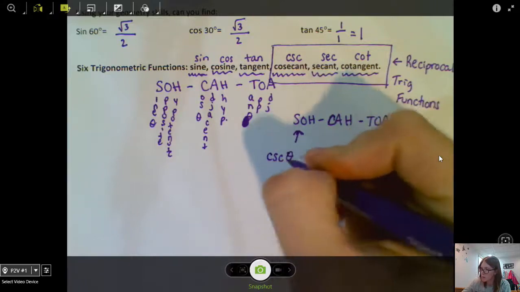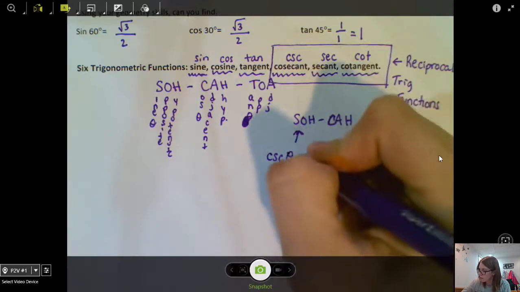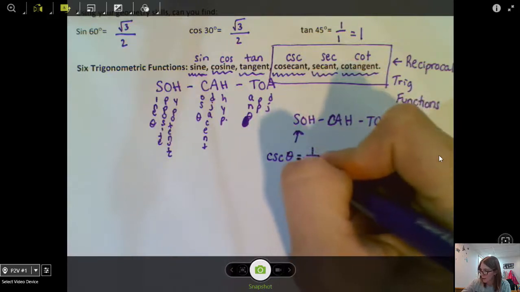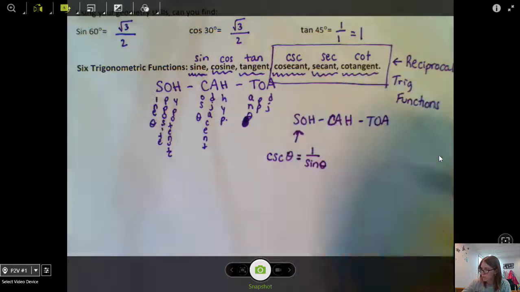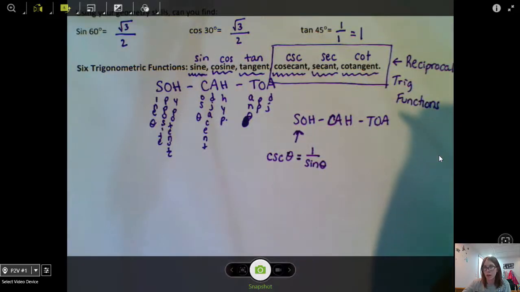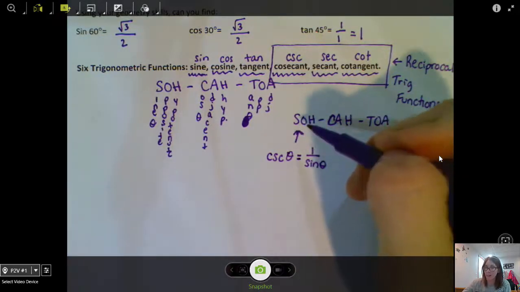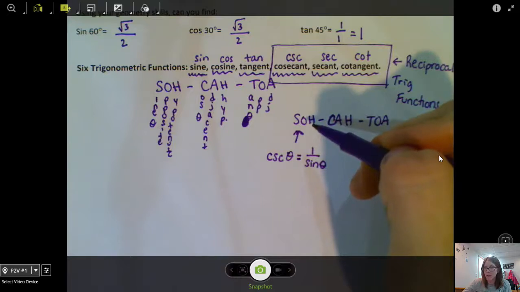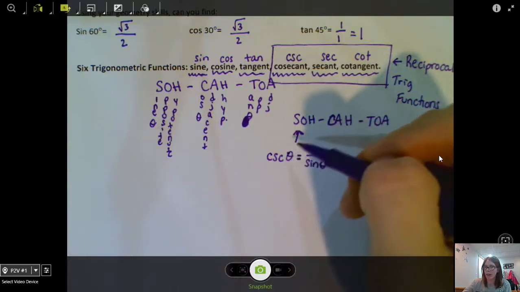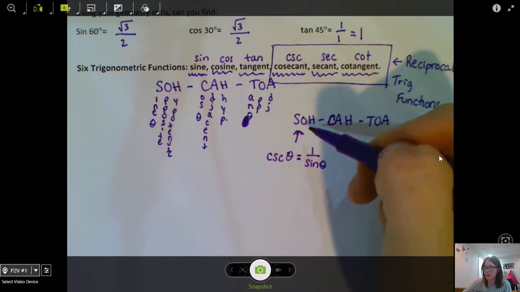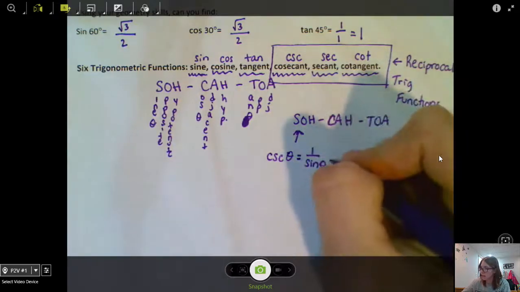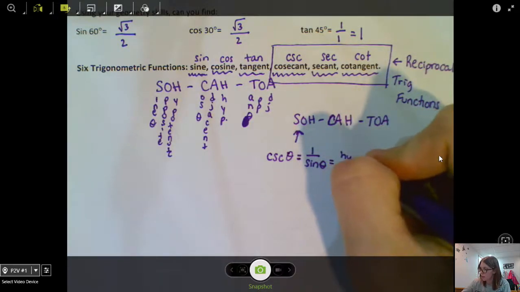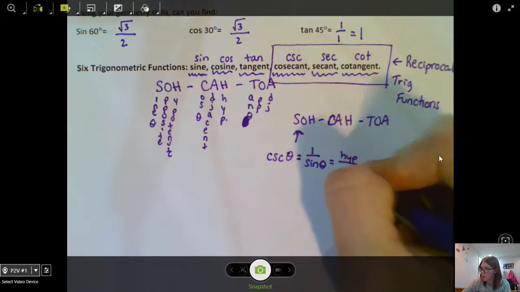So in other words, the cosecant of an angle is 1 over sine. And if I know that sine is opposite over hypotenuse, if I took the reciprocal of that instead of opposite over hypotenuse, that means cosecant is the hypotenuse over the opposite.